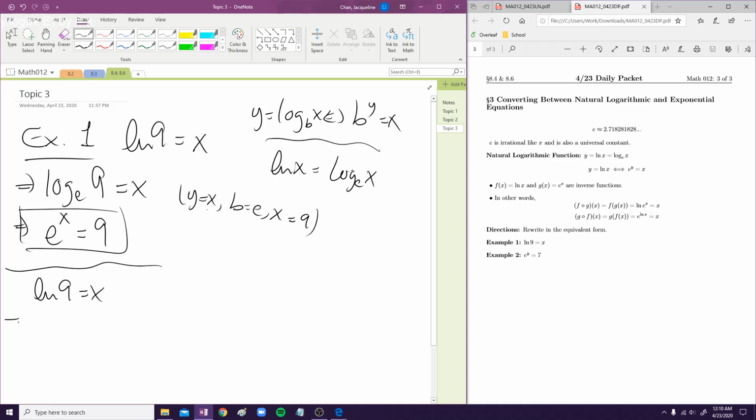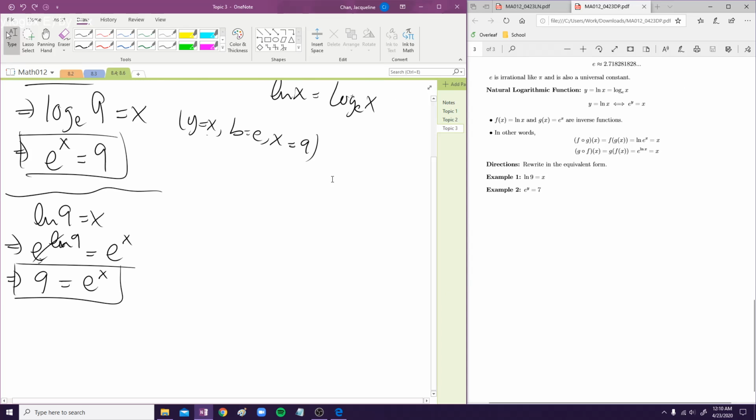So one thing that you could have done is take e to the natural log of 9 and then e to the x. We know e to the natural log is 1, so this becomes 9 equals e to the x. Either way will work.